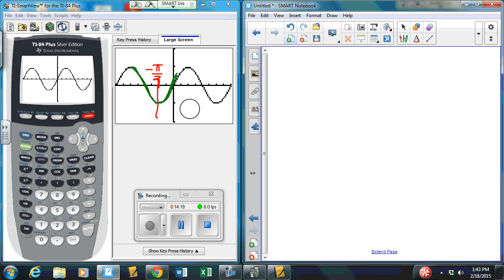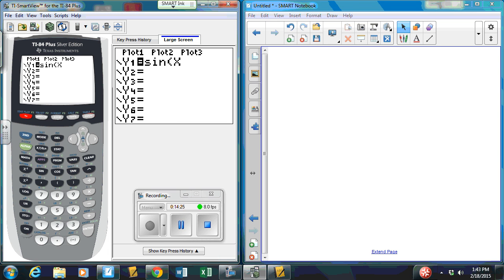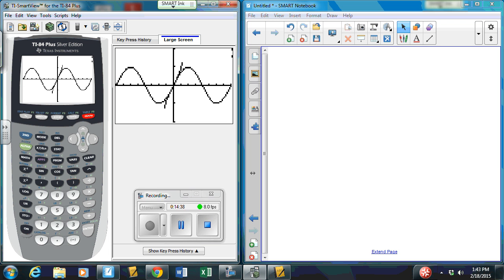Let's talk about the next equation. Before we do that, I want to show you the sine inverse. Hit second and sine. So sine inverse of x, and you're going to graph that.